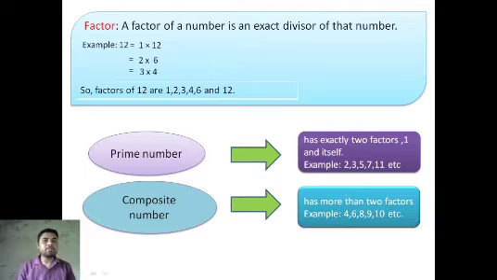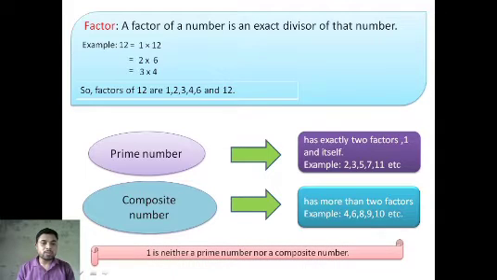So what we have learned from here, just keep this in mind: if exactly two factors, it is a prime number. If more than two factors, it is a composite number. Is it clear? Okay, and keep one thing in mind, that 1 is neither a prime number nor a composite number. Why?